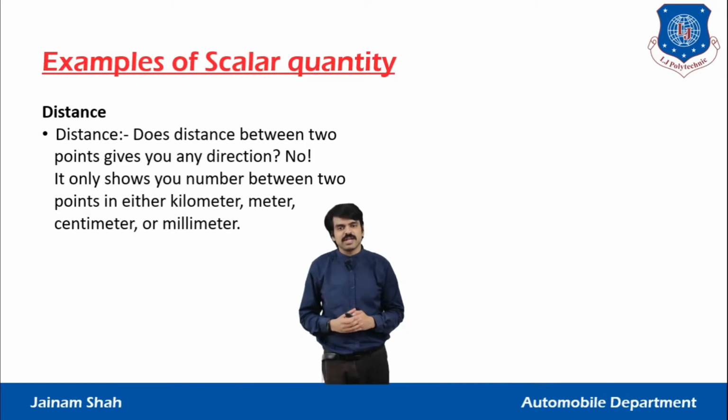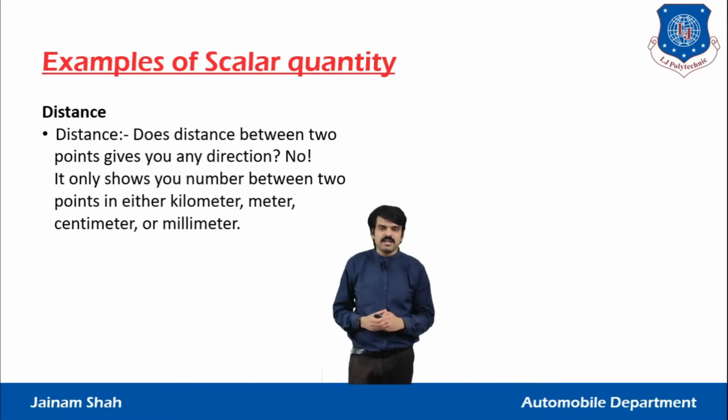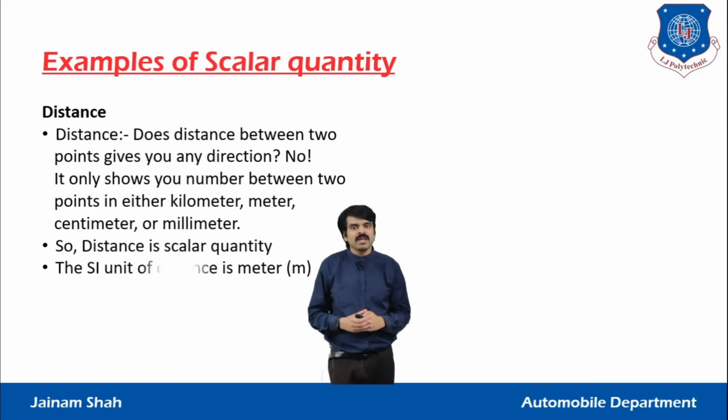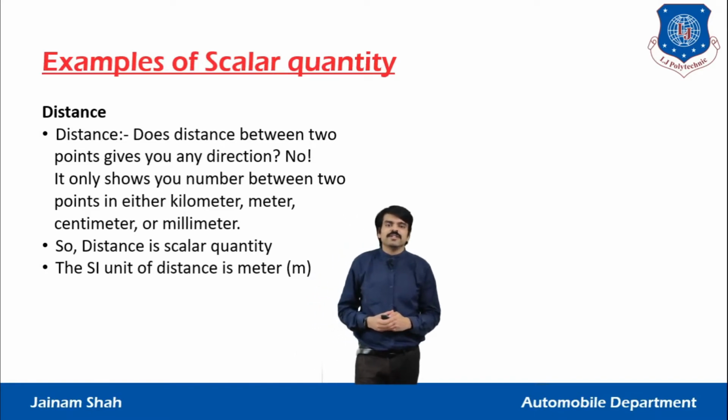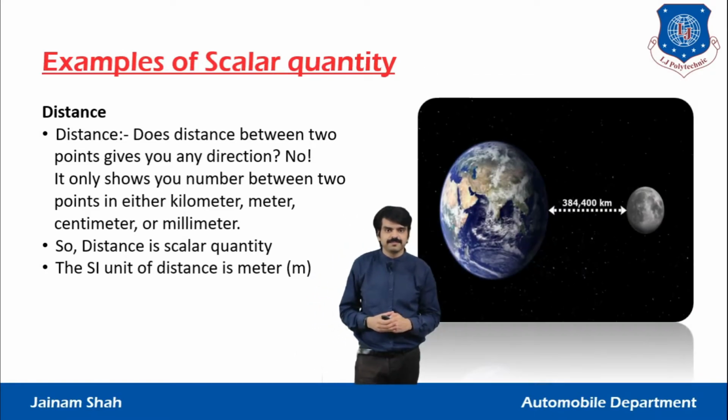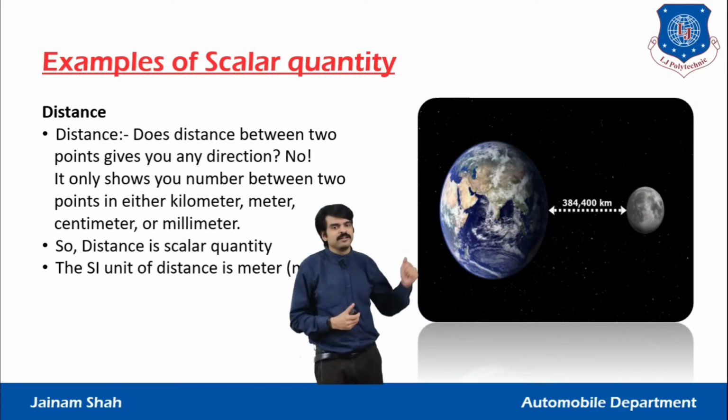So distance is a scalar quantity. We measure distance in either centimeters, millimeters or kilometers. The SI unit of distance is meter. Here in the figure we can check the distance between Earth and Moon.